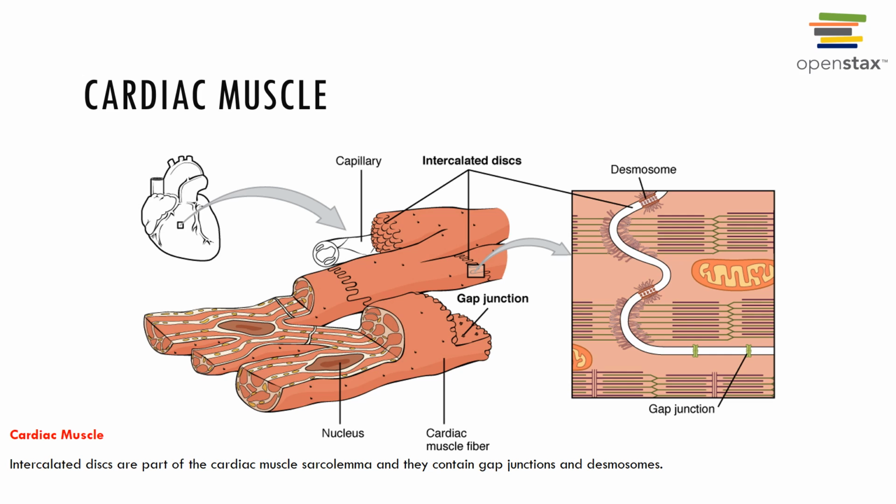One thing to note about cardiac muscle, which is identified histologically when examining cardiac muscle, are intercalated discs, and they are part of the cardiac muscle sarcolemma and contain gap junctions and desmosomes. This allows cardiac muscle to work as a unit. Again, you will learn more about cardiac muscle when you study the cardiovascular system later.